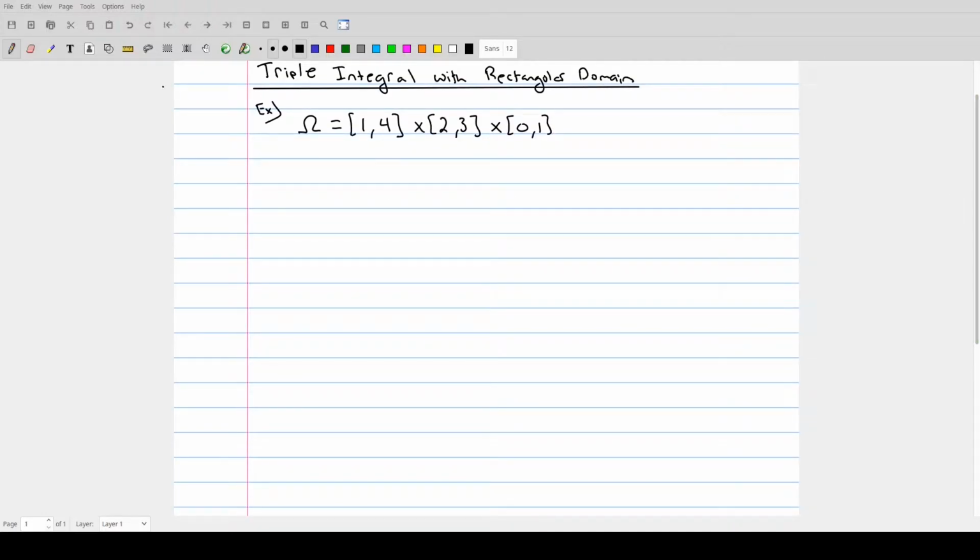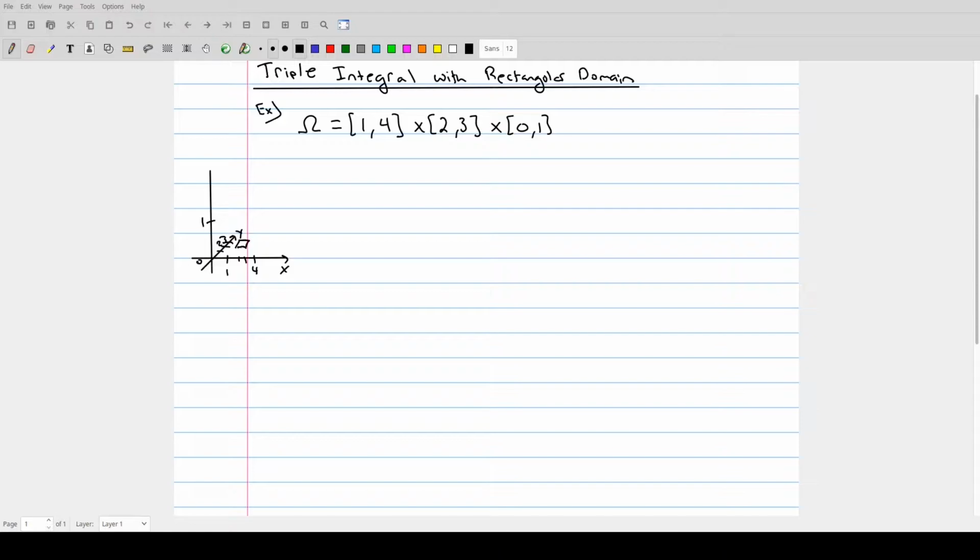So if this is the region that we're integrating over, we can always draw a picture of this. This region is going from 1 to 4 in x, from 2 to 3 in y, and from 0 to 1 in z.